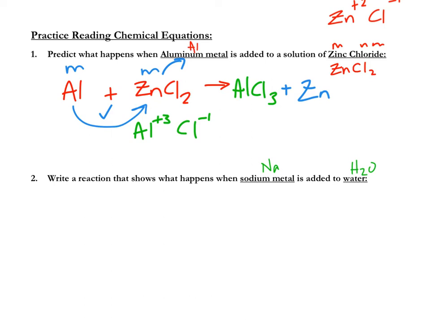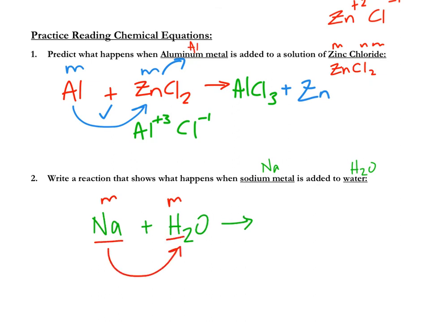So I'm going to write sodium metal plus water. Let's see what happens. So identify your metal. Sodium is a metal. In H2O, I don't have a metal, but based off my activity series list, hydrogen acts like a metal. So if anything, sodium will replace hydrogen. Let's take a look and see if it does. This reaction will take place.